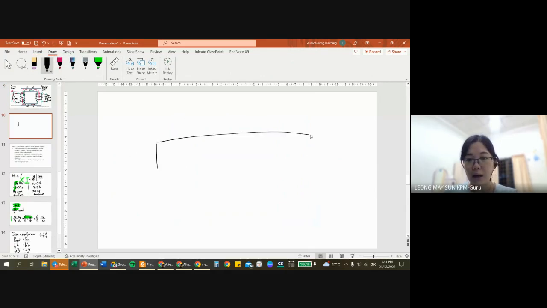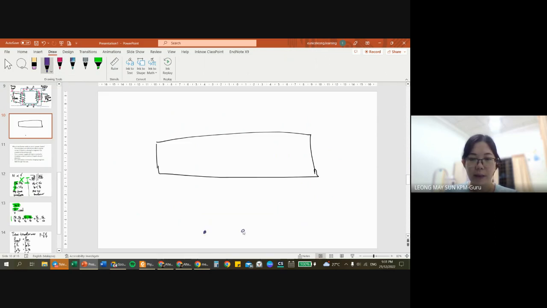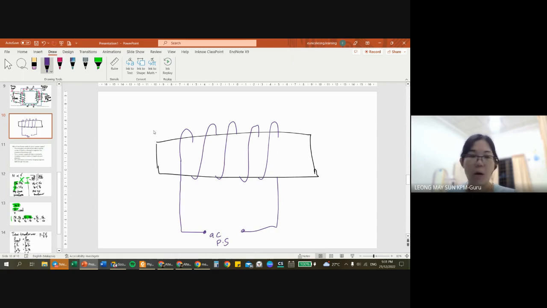We take a rectangle, just a bar of soft iron core. And then after that, let's just say this is my alternating current power supply. I coil this power supply at this soft iron core. So this is the axis of the primary coil.